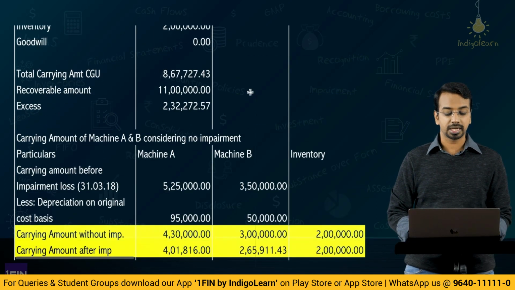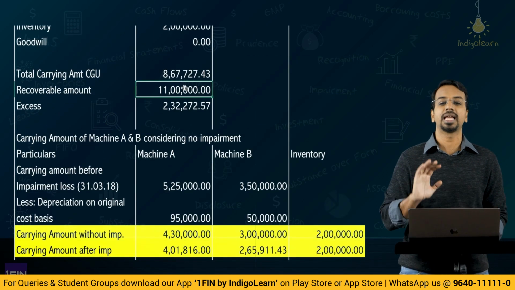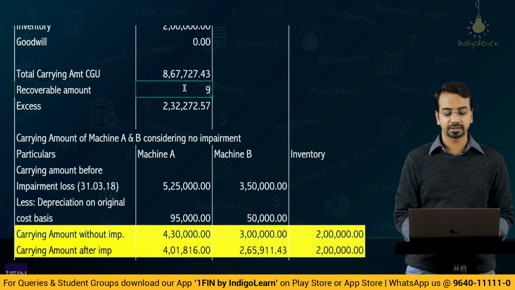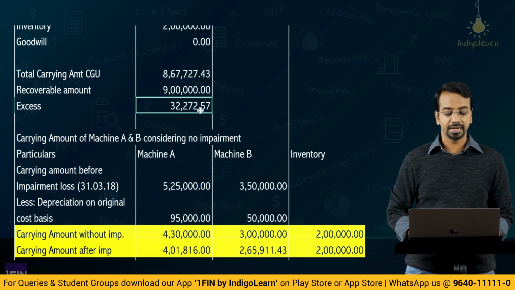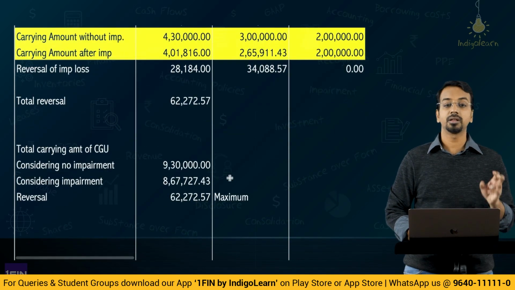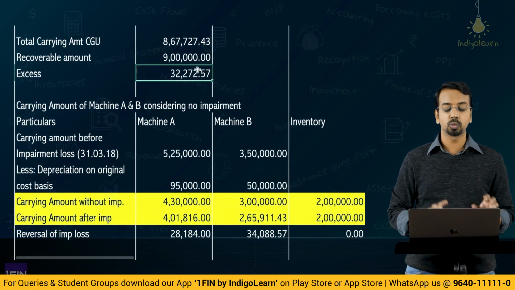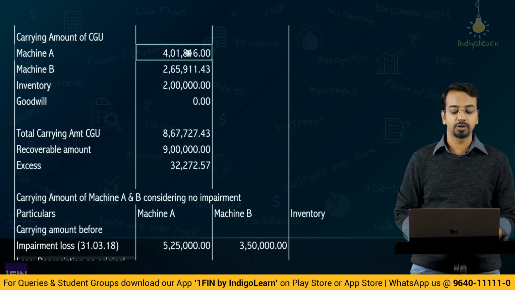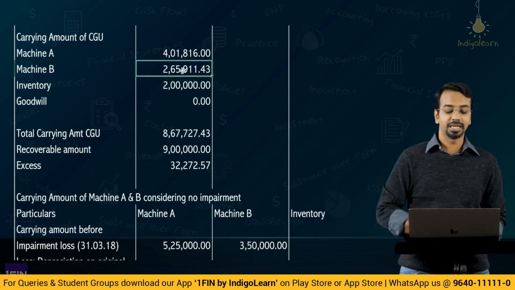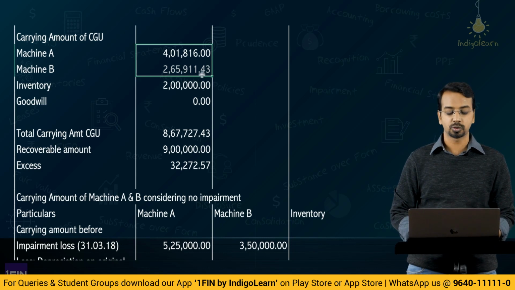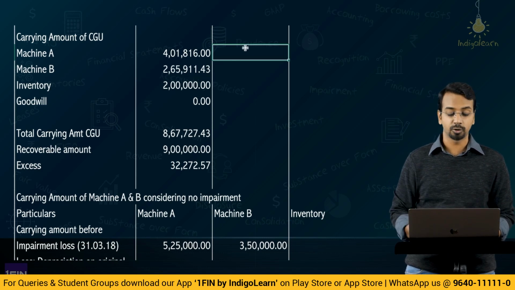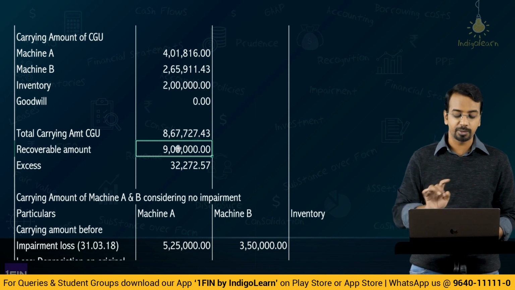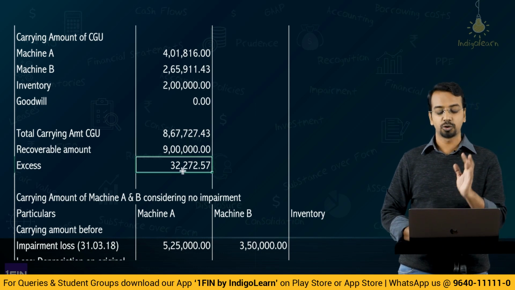Now, if the question was like, for argument's sake, this was not 11 lakhs, this was only 9 lakhs, then 32,272 would have been the reversal. This reversal would be allocated between machine A and machine B in the ratio of their carrying amounts. So, in the second scenario, assuming recoverable amount is 9 lakhs, the excess is 32,272.